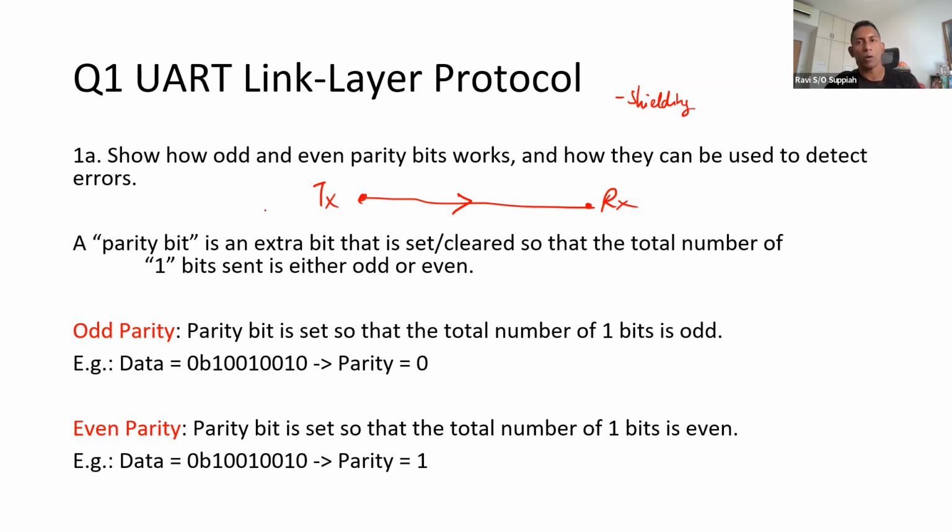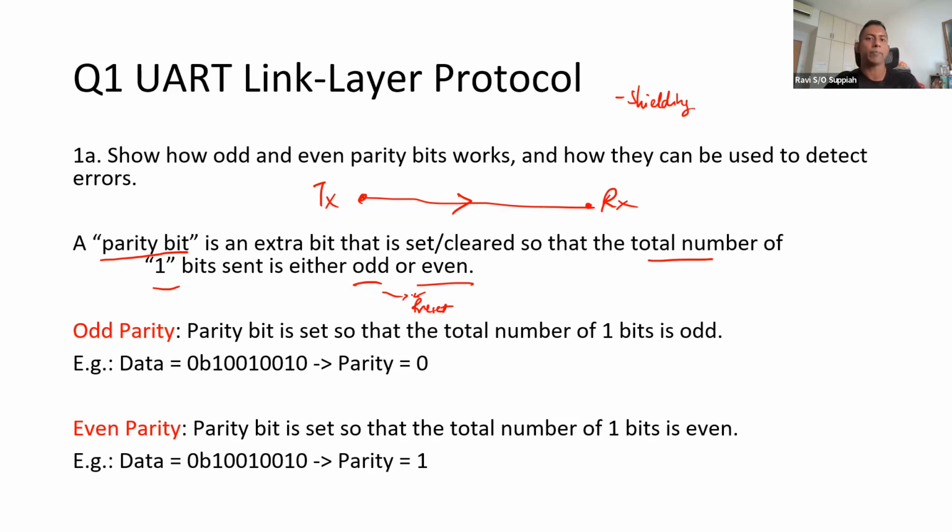One of the common techniques that is available in almost all controllers is what we call the addition of a parity bit. This parity bit is basically an extra bit that is added so that the total number of ones is either odd or even. Again, this is preset, which means you already decide beforehand that the transmitter and receiver must agree.